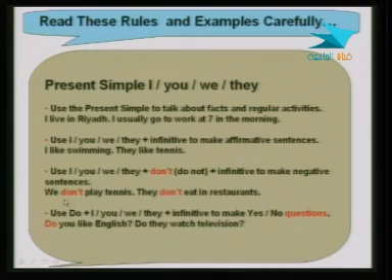That's of course the short form of do not, because we have do and not, but we attach not to do, and that's called, of course, contraction. So we don't play tennis. They don't eat in restaurants.